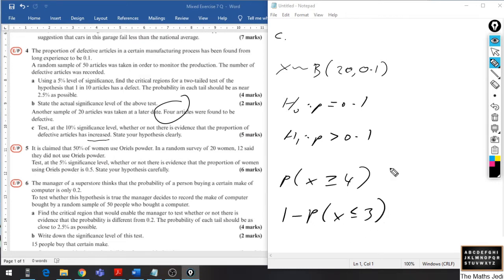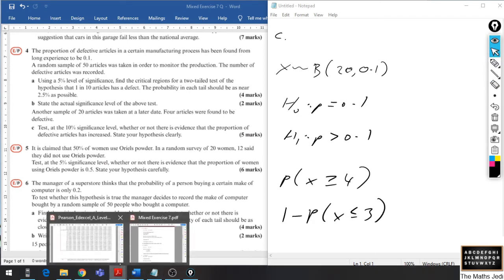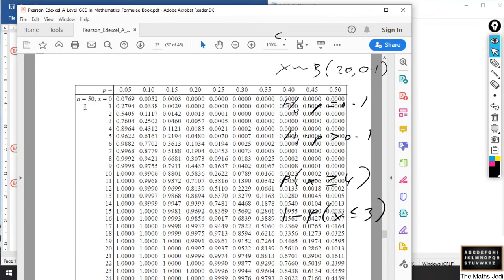So we're going to need to look this value up in a table for this particular distribution, or use a calculator, either or. We'll look at the tables today, just because I want to use a bit of tables. I've done a lot of calculator work in the previous video. Again, if you want to check that out, it's still available on the channel. So let's just have a look at the tables and find the right one. So this is the 50, obviously, from the previous question. So we need to find ourselves to the 20.